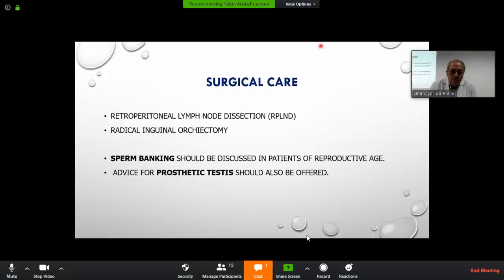So for the benefit of all of us, can you just define what you mean by apoptosis? Apoptosis is programmed cell death. This is a normal mechanism in our human body.